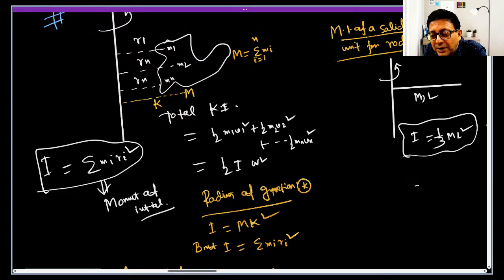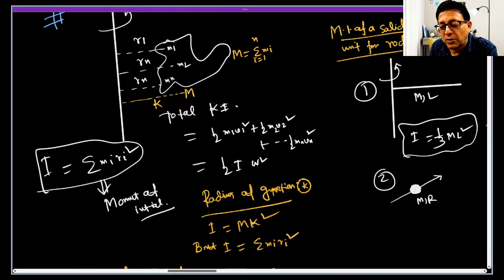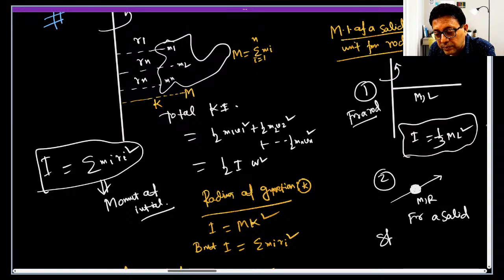For a solid sphere of mass m, radius r, this was for a rod. For a solid sphere, I equal to 2/5 mr square.